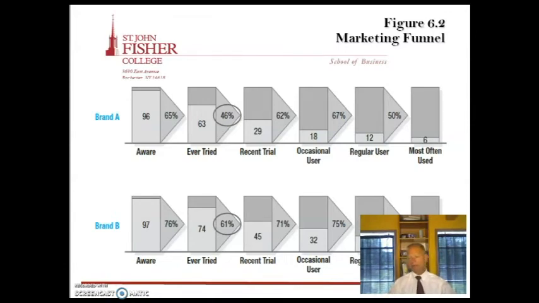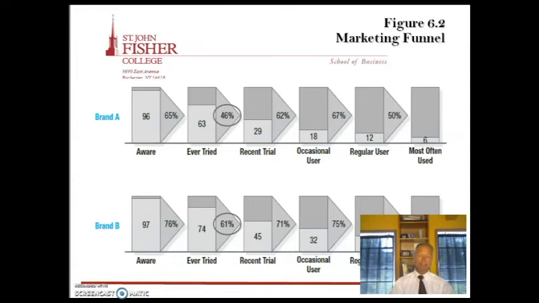So one of the things that we're trying to do as marketers, and I'm sorry, it's hard for you to see because of my image there, but if you take a look, brand A, 96% of people are aware of it. Brand B, 97% are aware of it. Everything is okay until where it says ever tried.